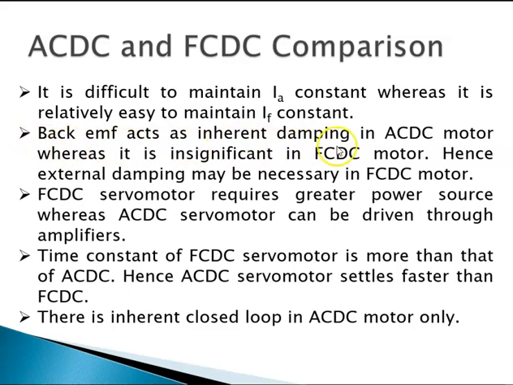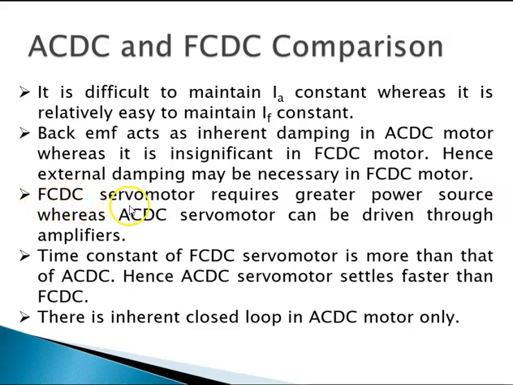Similarly, back EMF acts as an inherent damping, trying to resist the change. Such a phenomenon is absent in the field control DC servo motor, so an external damper may be necessary in the FCDC motor.